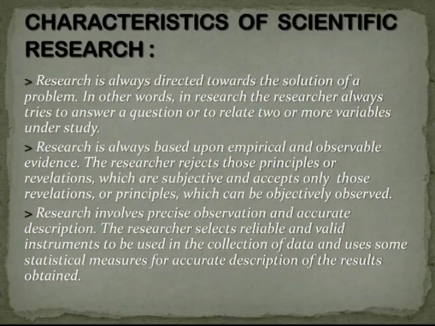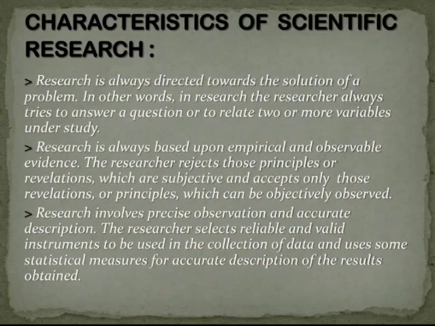The next characteristic is: research is always based upon empirical and observable evidence. The researcher rejects those principles or revelations which are subjective and accepts only those revelations or principles which can be objectively observed. That is, we know that research is an observable or empirical analysis. We need observable evidence for good research.